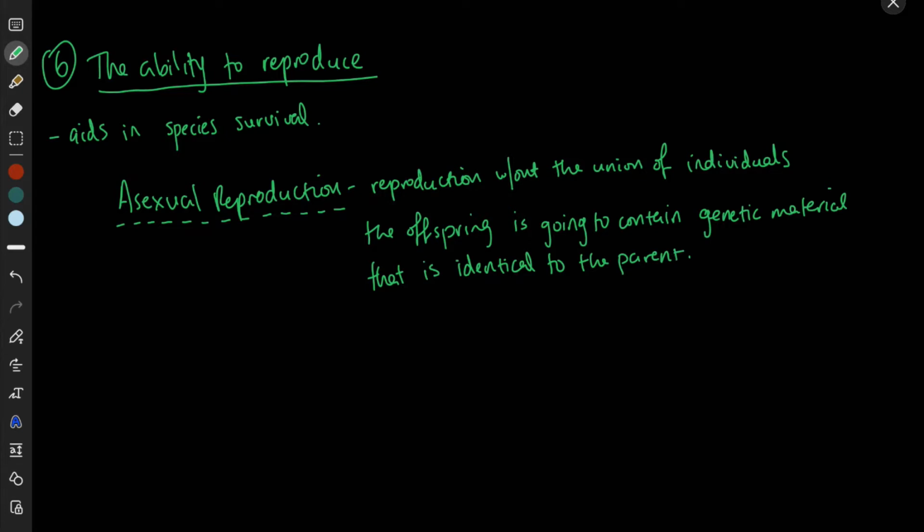And that makes sense considering it's reproduction without the union of individuals. There's only a single parent and only a single source of genetic information, so the offspring have the same exact genetic makeup as that of the parent.